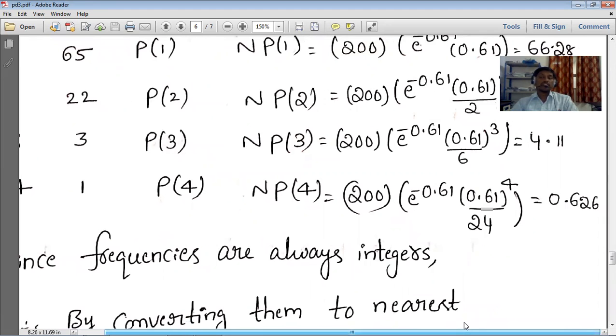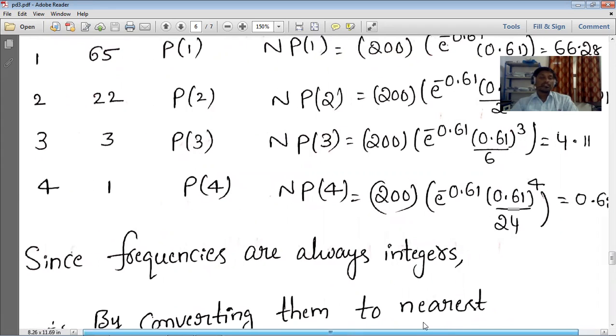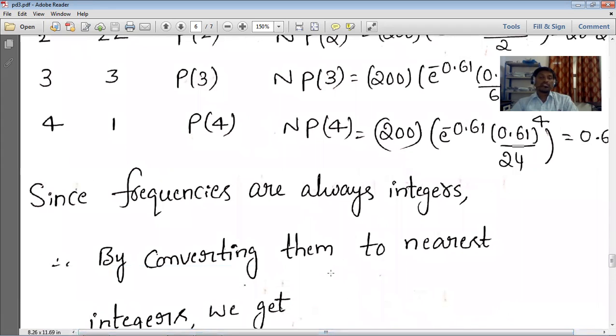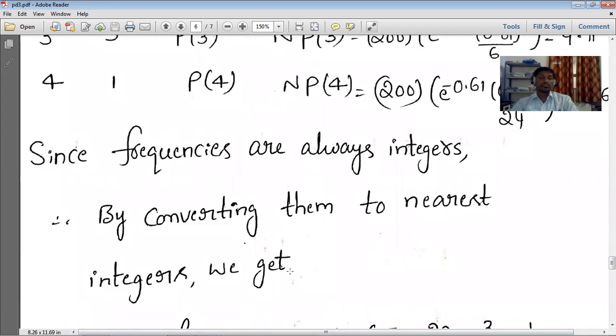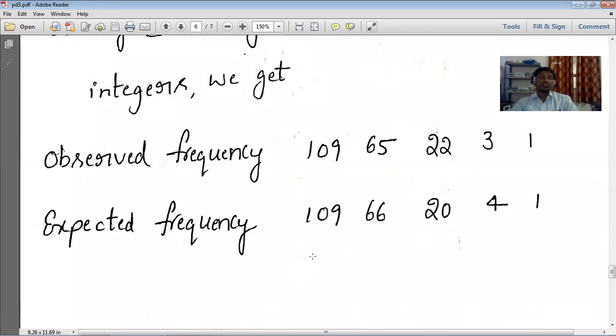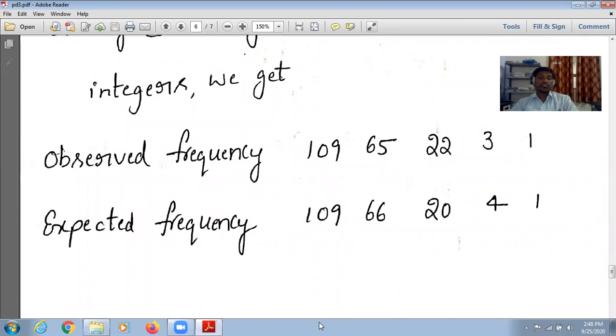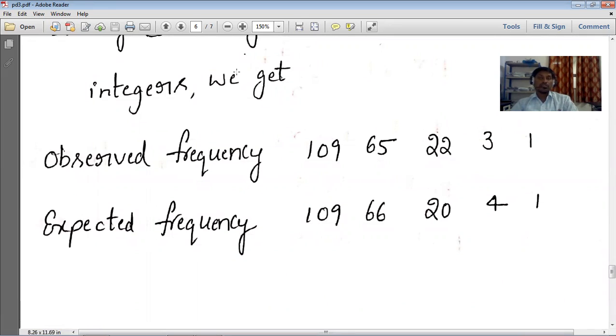0.626. Okay, that is nothing but 1. Since frequencies are always integers, by converting them to the nearest integers we got this. So these are the observed frequencies they gave in the problem, and these are the expected frequencies we calculated by using capital N into P of X. This is the formula we used for calculating expected frequencies.